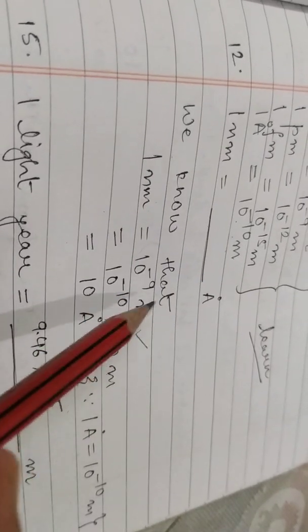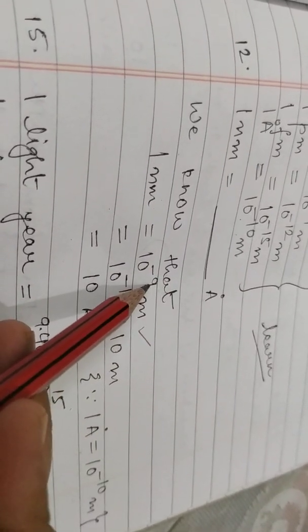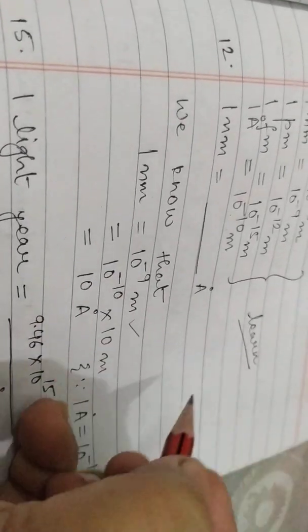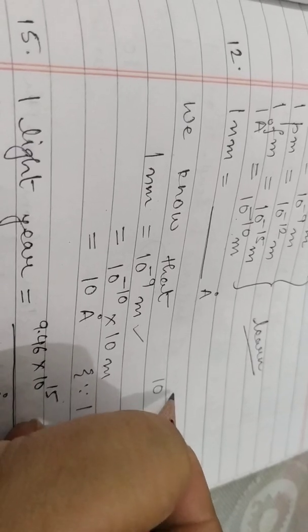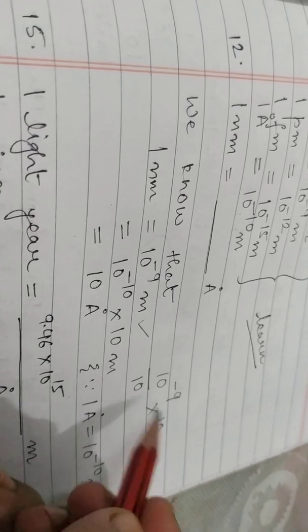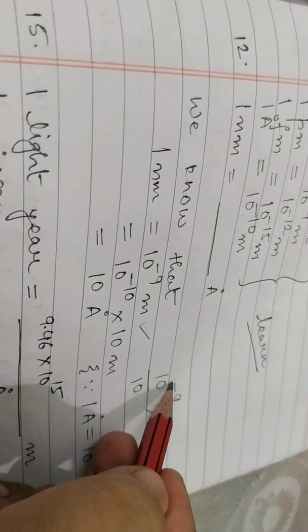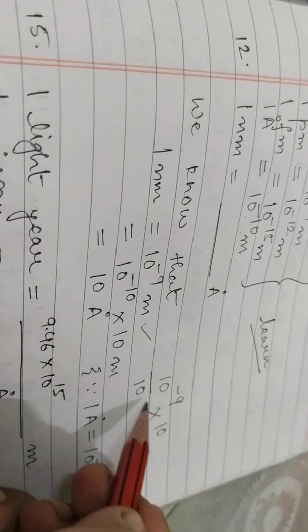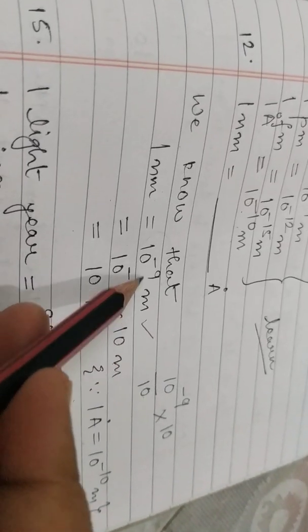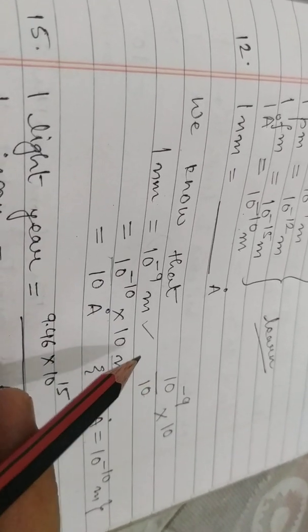To do that, I will have to divide this quantity by 10 and multiply it by 10. When the multiplied 10 goes up in the numerator, this becomes 10 to the power minus 10 multiplied by 10. And this 10 to the power minus 10 meter becomes 1 angstrom.